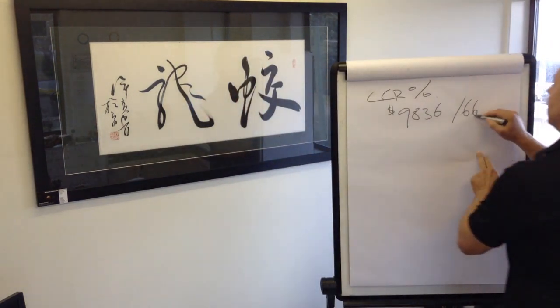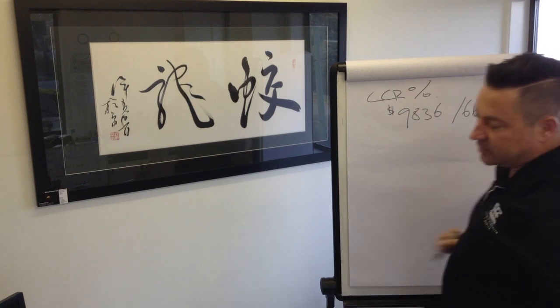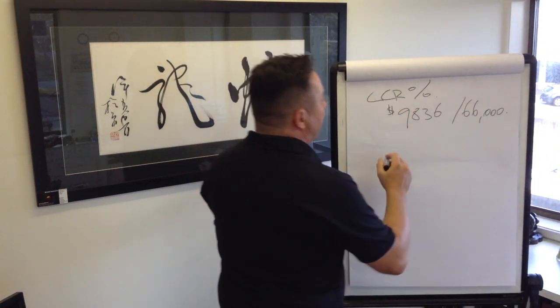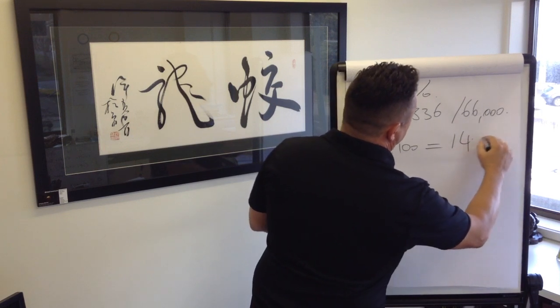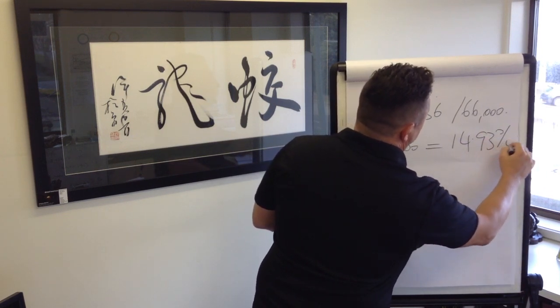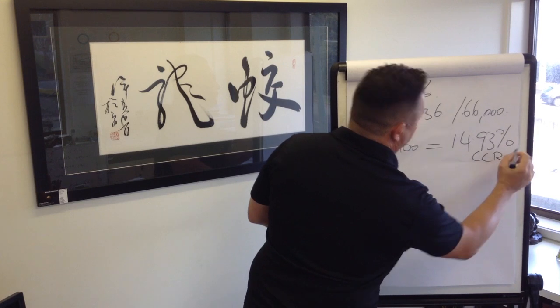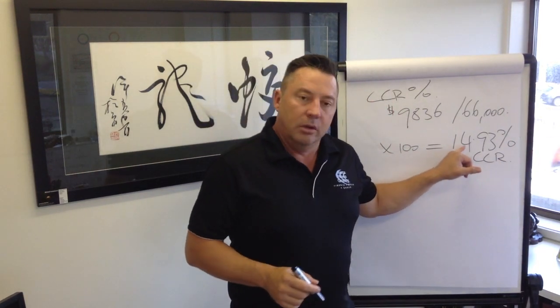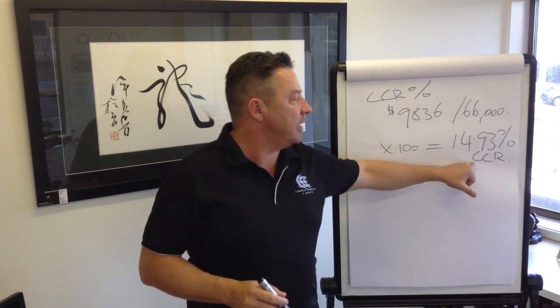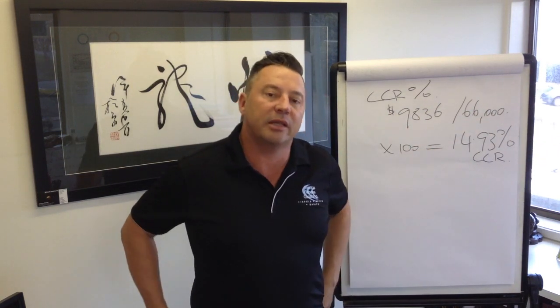So let's say in this instance we put in $66,000, so that then multiplied by 100 gives us 14.93% cash on cash return. So how much cash do I need to put in, and on an annual basis, how soon do I get that back?